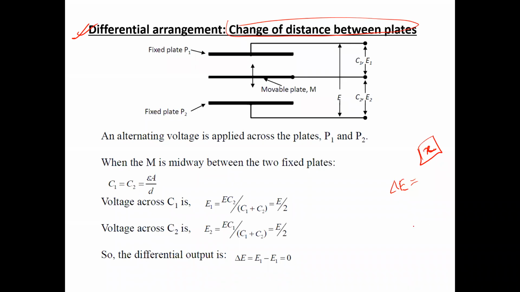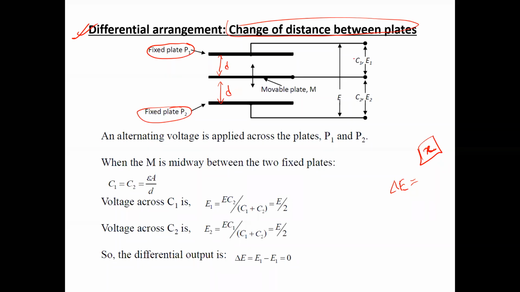So first of all, let us consider that the upper plate and the lower plate are the two fixed plates, whereas the movable plate is located in between them. So if it is placed right at the middle, then the distance between both the fixed plates and the movable plate is equal.